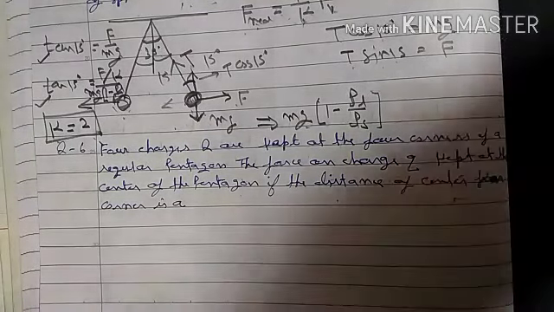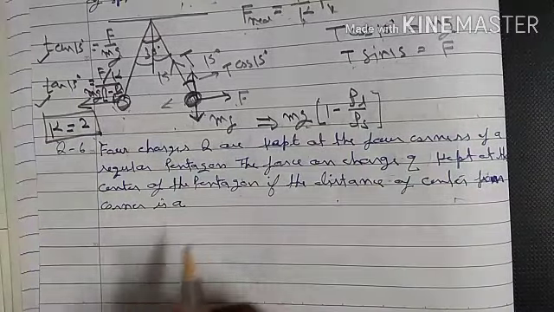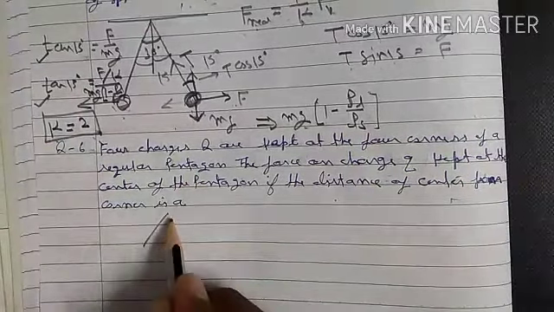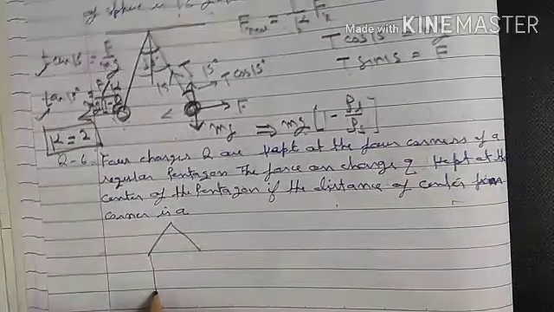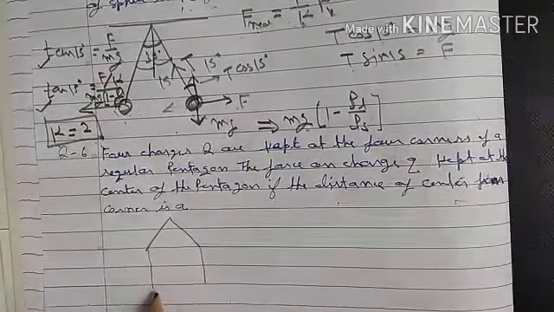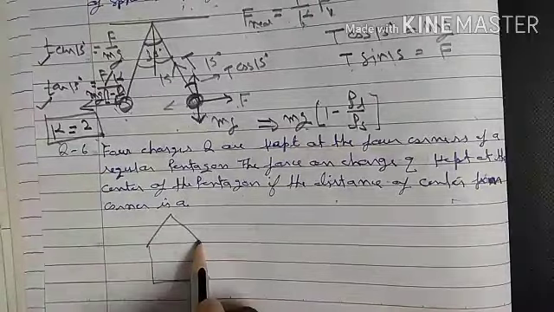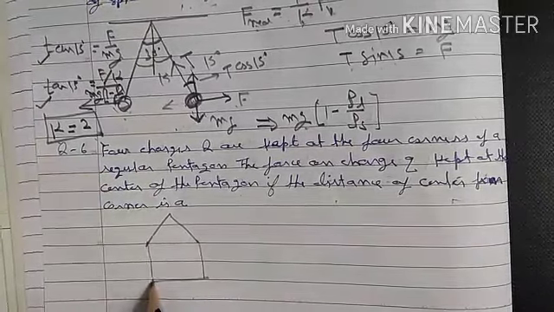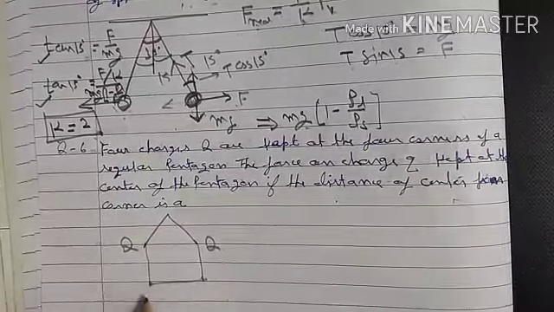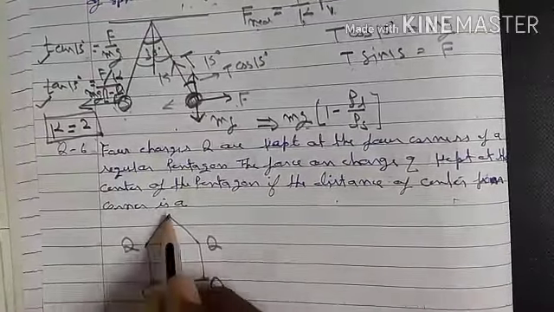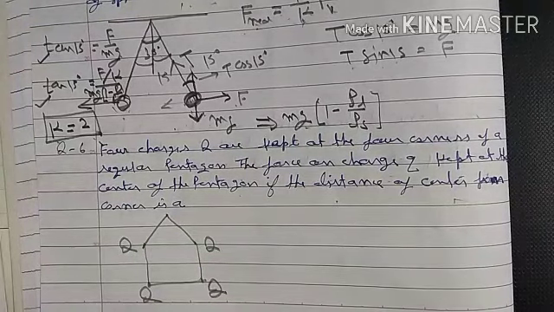In a pentagon, there will be 5 sides like that. Suppose this is a pentagon, and it is given there are 4 charges on the 4 vertices. Suppose Q is here, Q is here, Q is here, and Q is here. Here there is no charge. In this vertex, no charge.